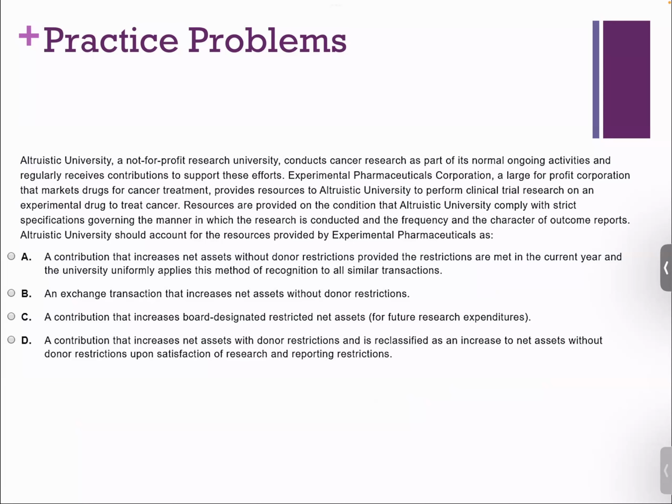Resources are provided on the condition that Altruistic University comply with strict specifications governing the manner in which the research is conducted and the frequency and character of outcome reports. Altruistic University should account for the resources provided by experience.